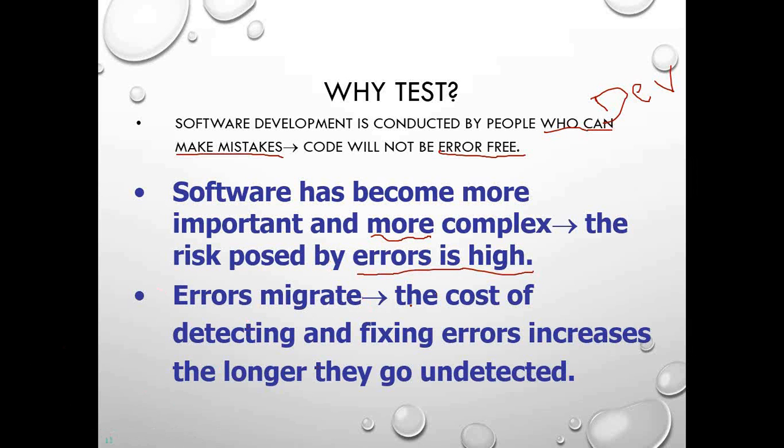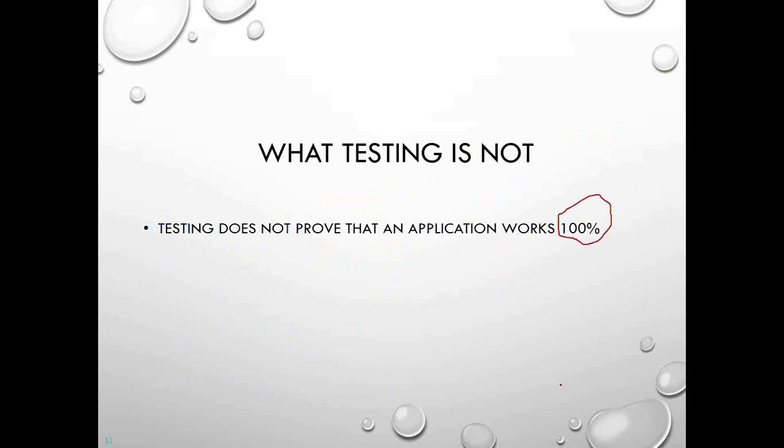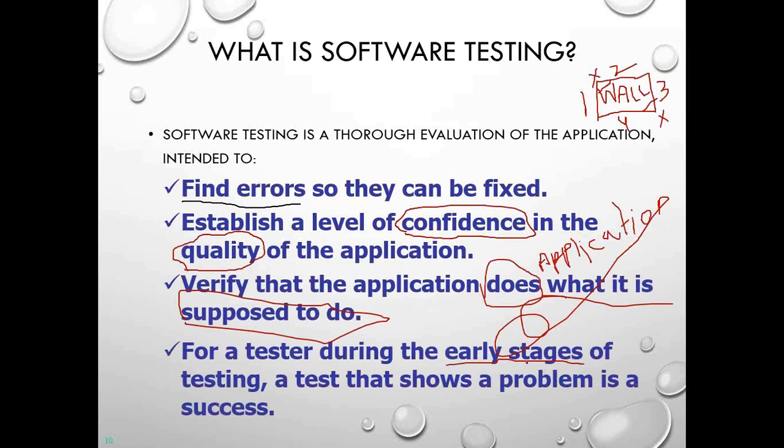Errors migrate. What exactly does it mean? The cost of detecting and fixing error increases the longer they go undetected. So again, it's just the wording which is twisted, but the meaning is not. What it is trying to say, think about here. It says that at an early stage of testing, a test that shows a problem is a success.